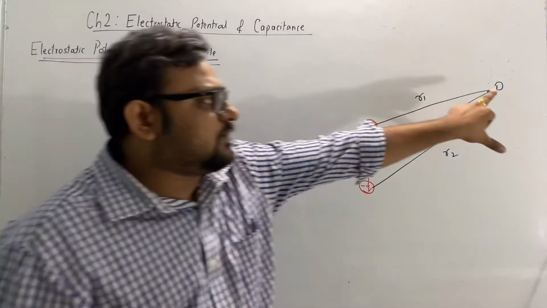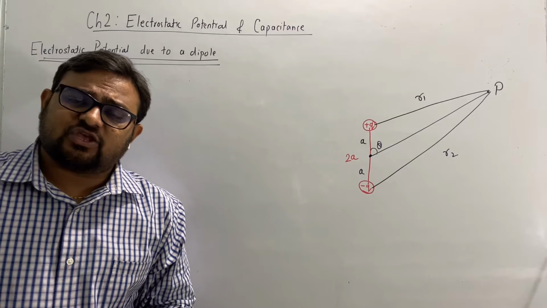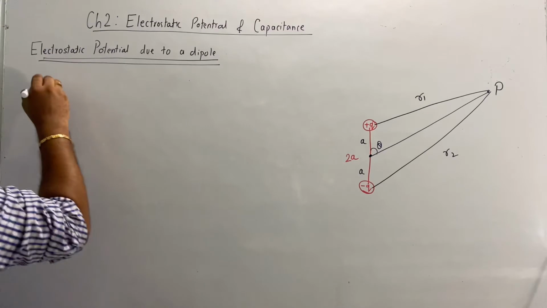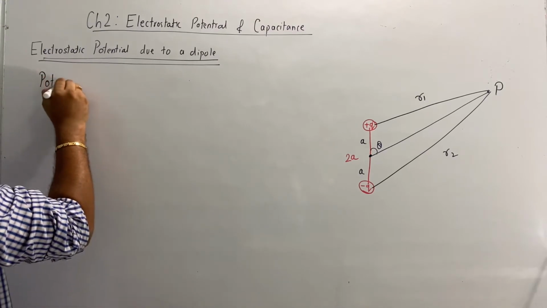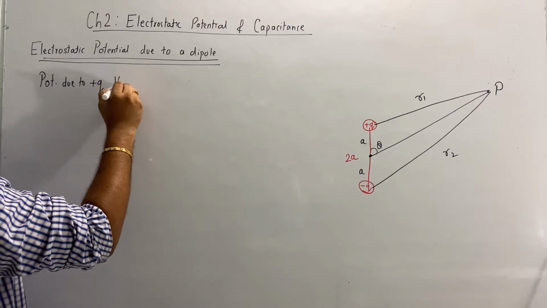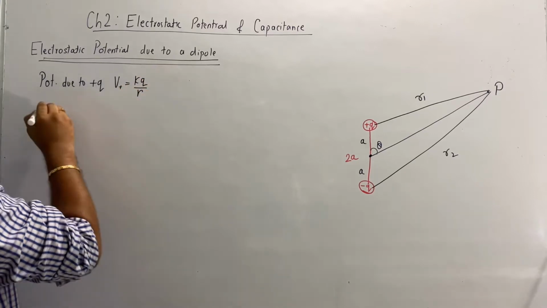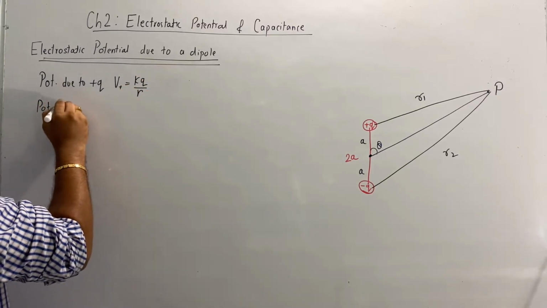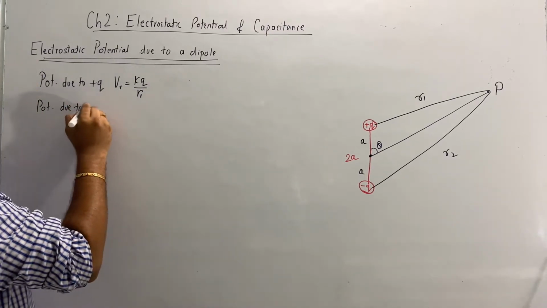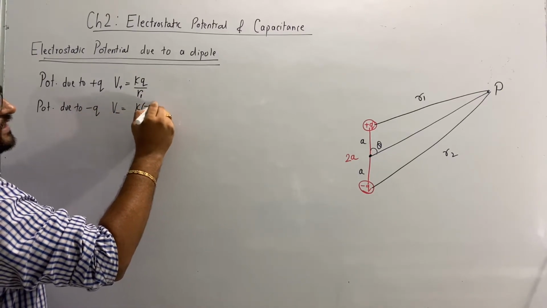Now, what was the formula for electrostatic potential? KQ by R. So see, the potential due to plus Q will be V plus equal to KQ by R. And the potential due to minus Q will be equal to K into minus Q upon R2.